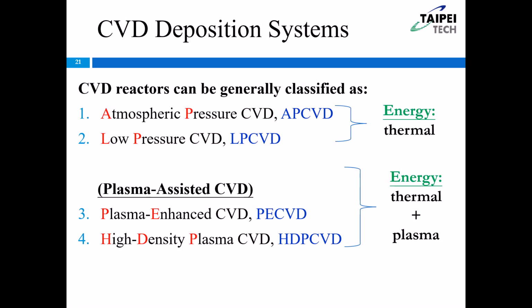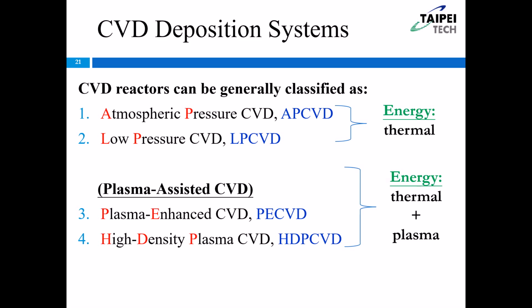So I can classify those kinds of CVD. The first two CVD are the same, I mean the energy supplier is the same. So the first one, APCVD, is the atmospheric pressure CVD.